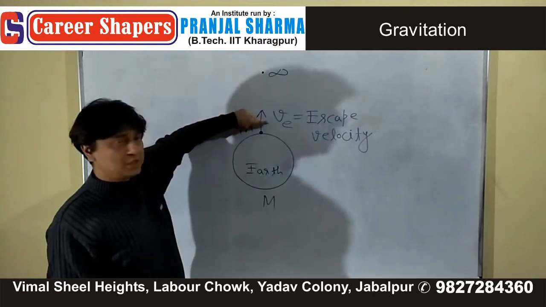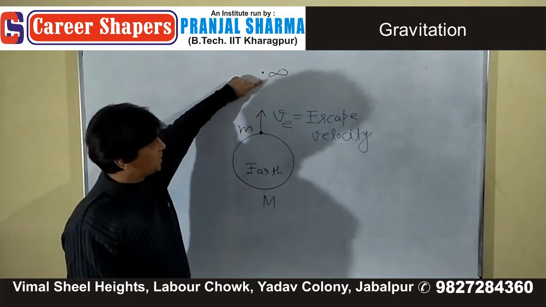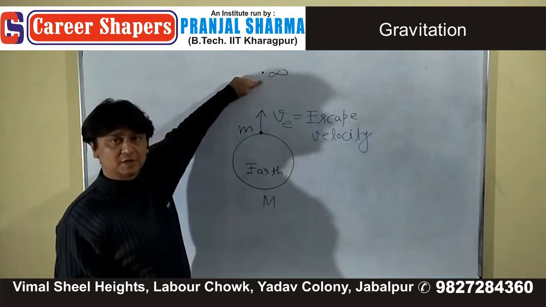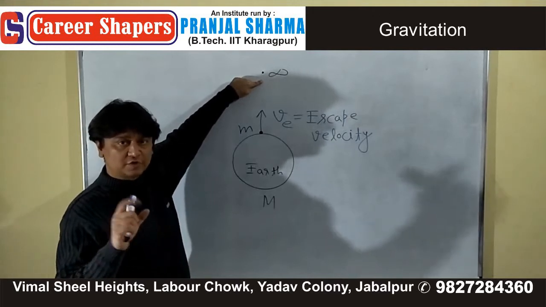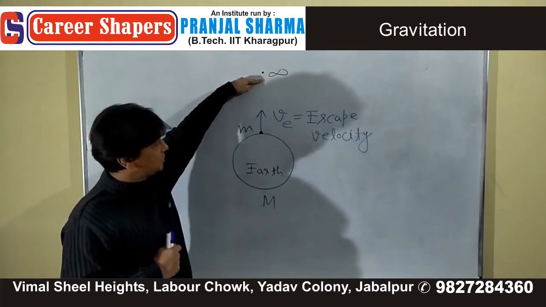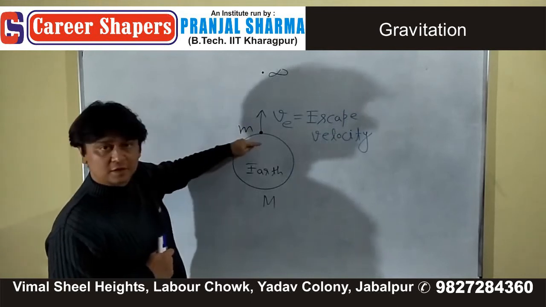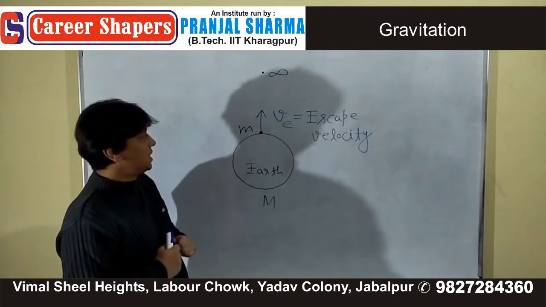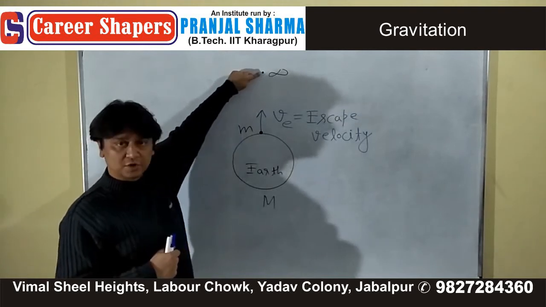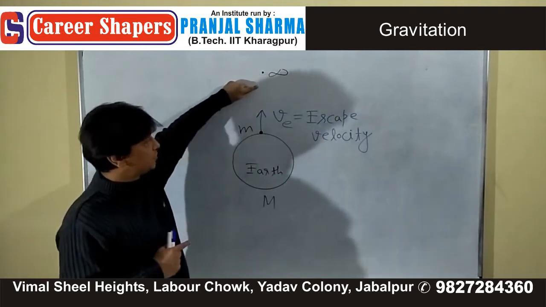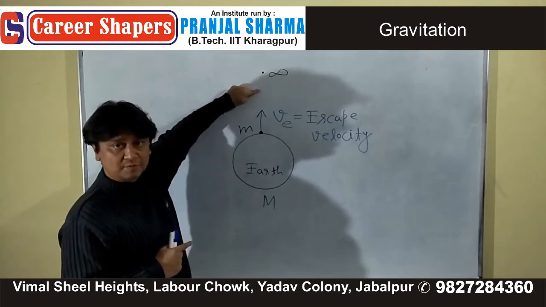If you throw it with 9, it will be somewhere here. That means at a place where gravitational force of Earth is present, and therefore Earth will pull it back towards itself. So when you give it 10, it reaches this position. When you give it 9, it reaches this position and comes back.